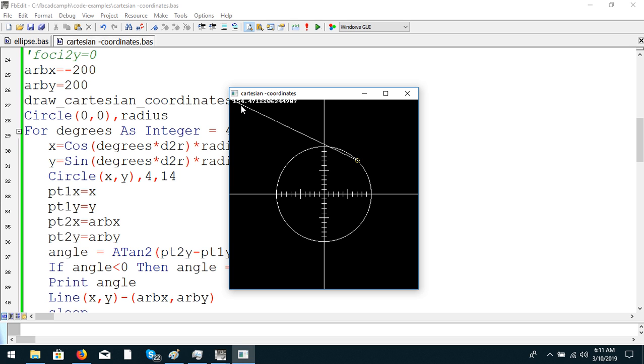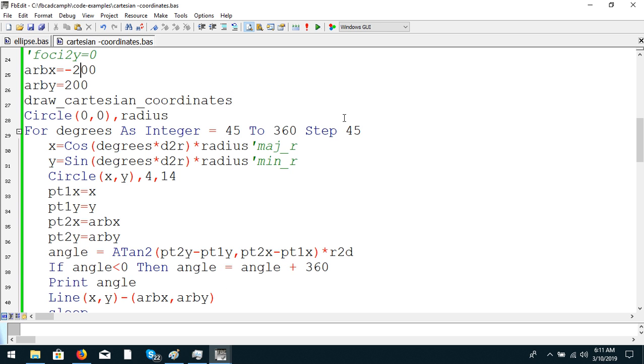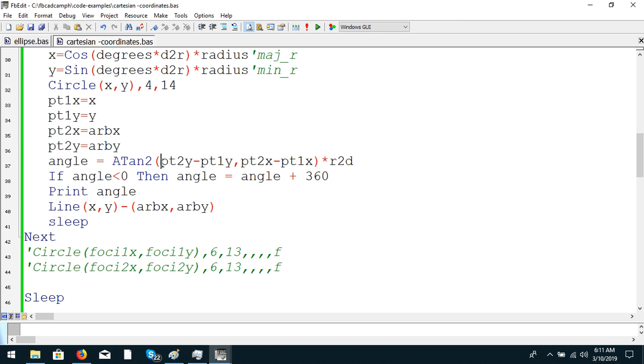What's the angle? 154, 153, 135, 116. Okay. I hope you guys have that. Just try to remember it's always point 2 minus point 1. Alright, I think that'll be enough for this video.